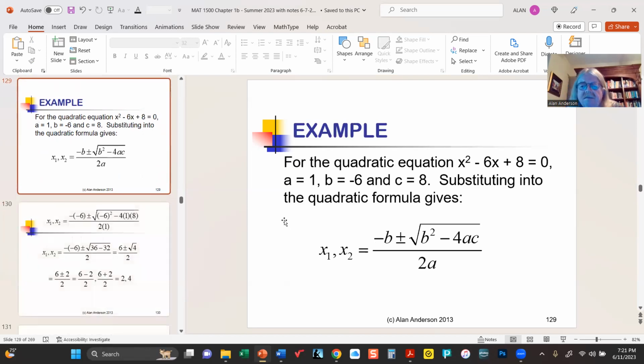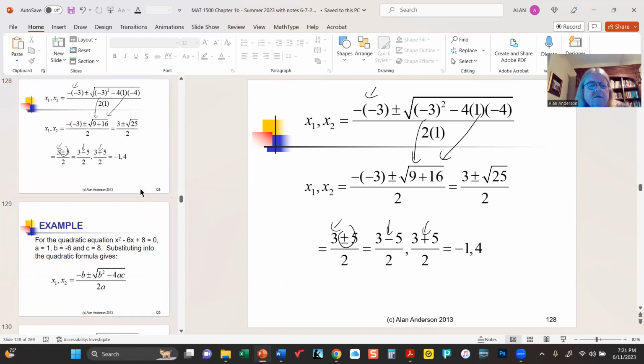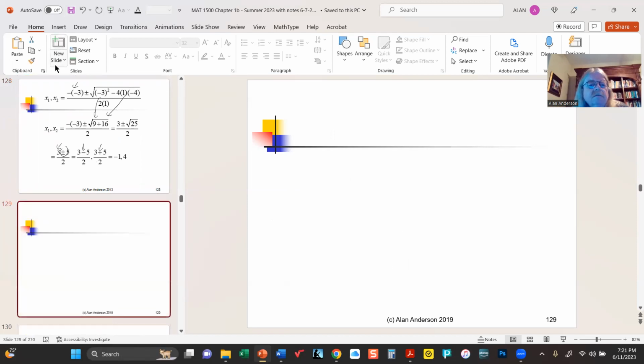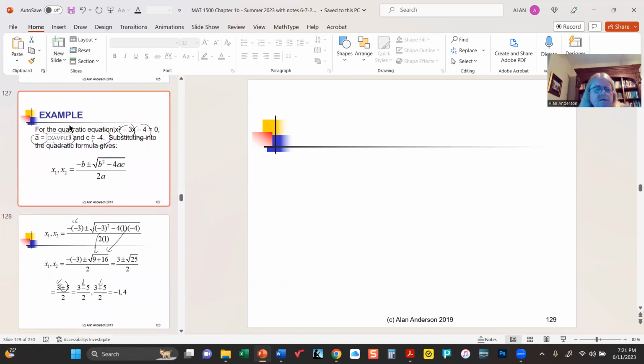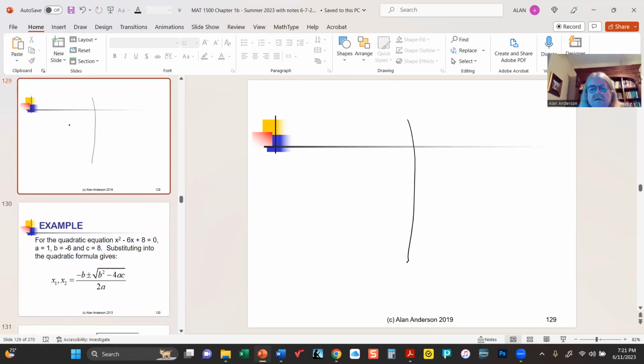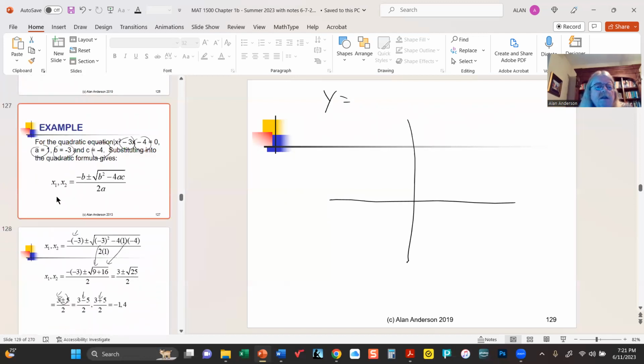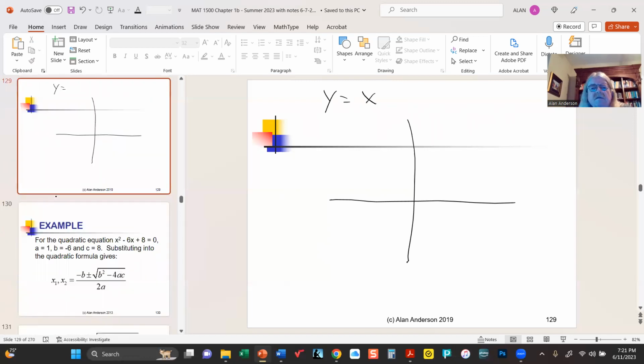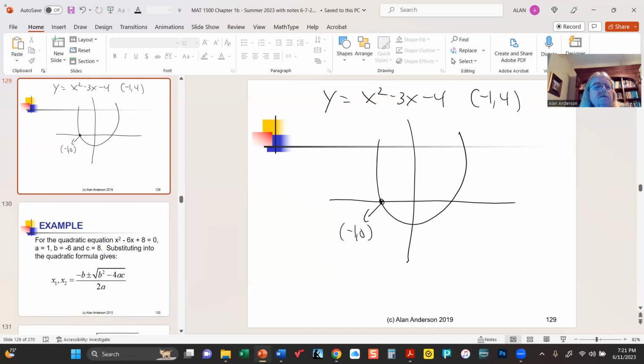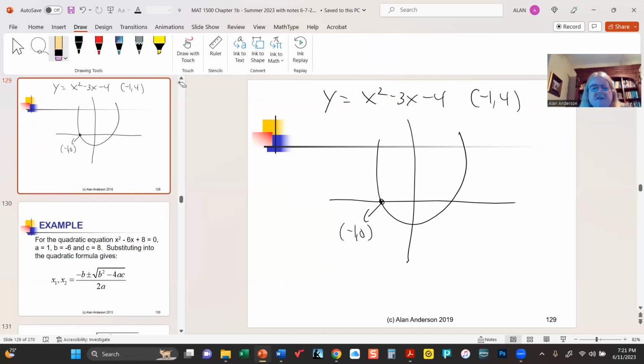Now, what that means is that when you take this function, x squared minus 3x minus 4, the solutions are -1 and 4. That means that when you draw the graph, the first solution is -1. So that means the intercept here is at the point (-1, 0).